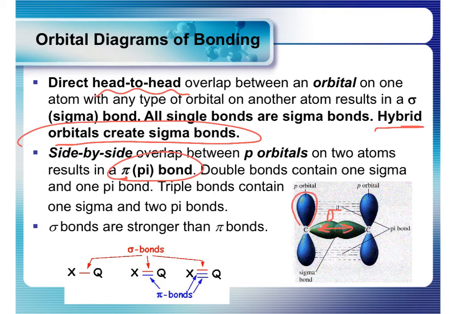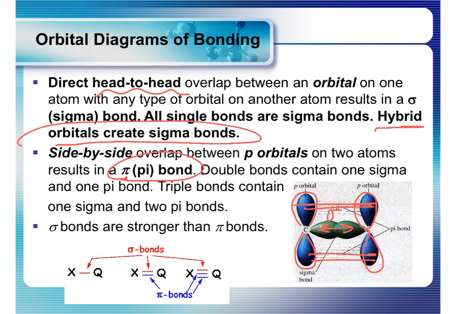Well, all bonds are overlap from orbitals. You have to overlap the region of space where the bonding electrons are likely to be found, which means you have to overlap the orbitals. So a pi bond results from shoulder-to-shoulder overlap. Think of it that way, sideways overlap.